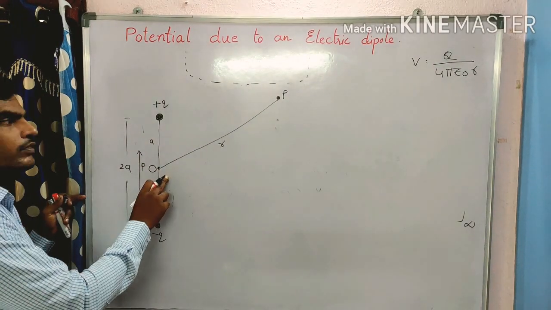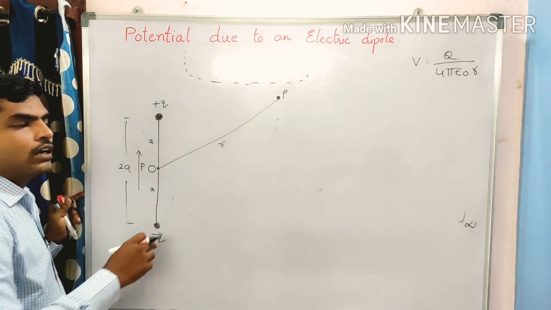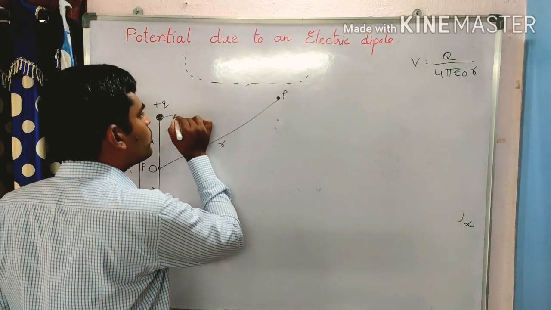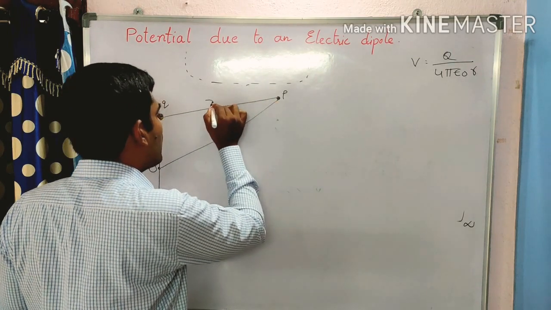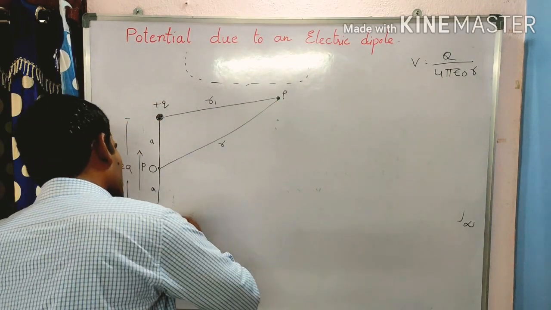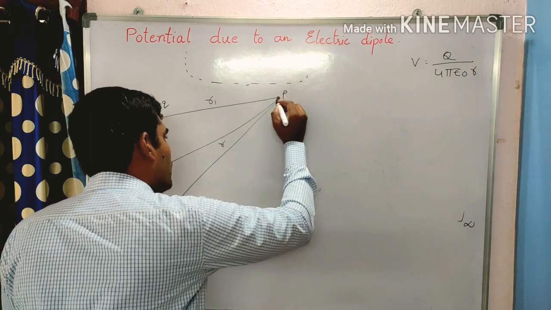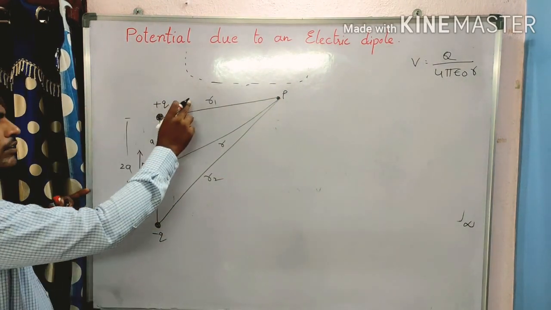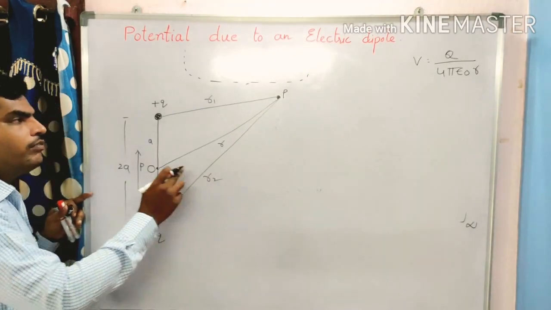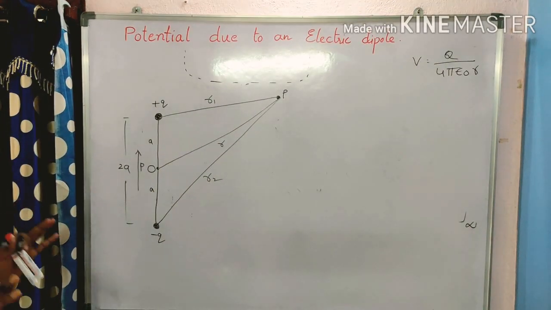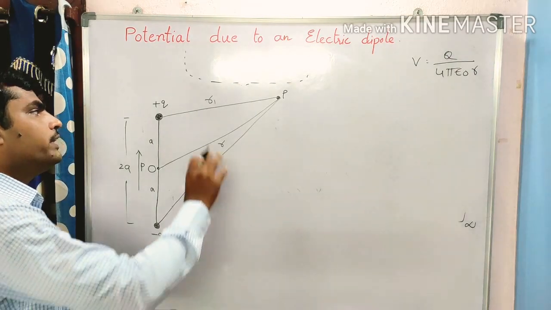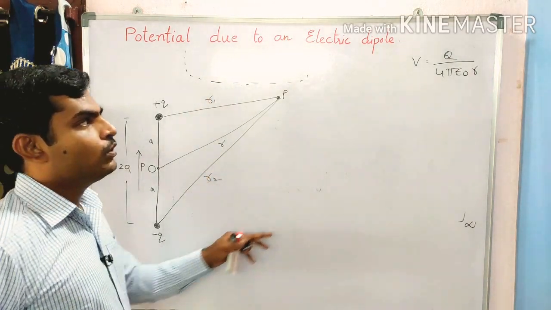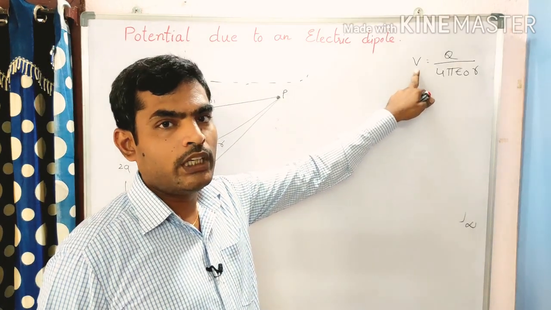From the positive charge it is at a distance of R1, and from the negative charge it is at a distance of R2. So initially we have to find the value of R1 as well as the value of R2. Then from the principle of superposition you can write.